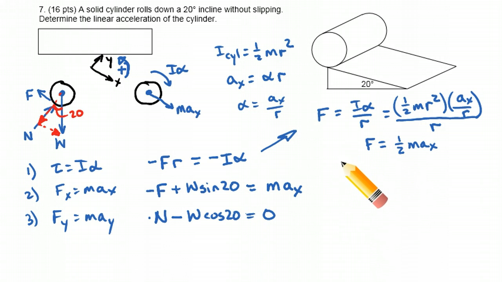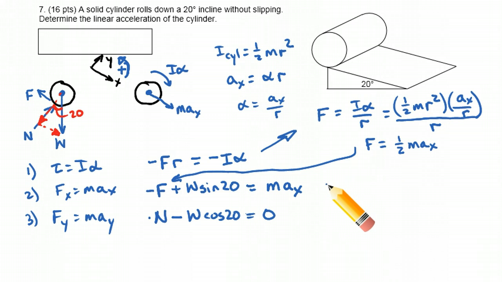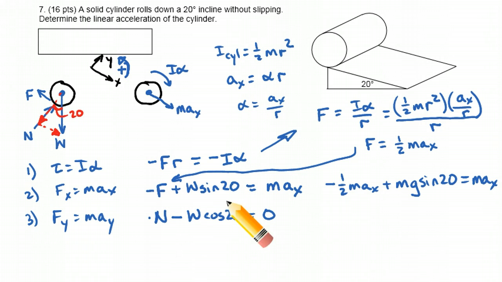So now I'm going to plug that back in to my equation right here, and that's going to give me minus 1/2 m a_x plus mg, which is my weight, sine of 20 is equal to m a_x. We're getting there. Looks like I have mass in every term, so that will cancel out.